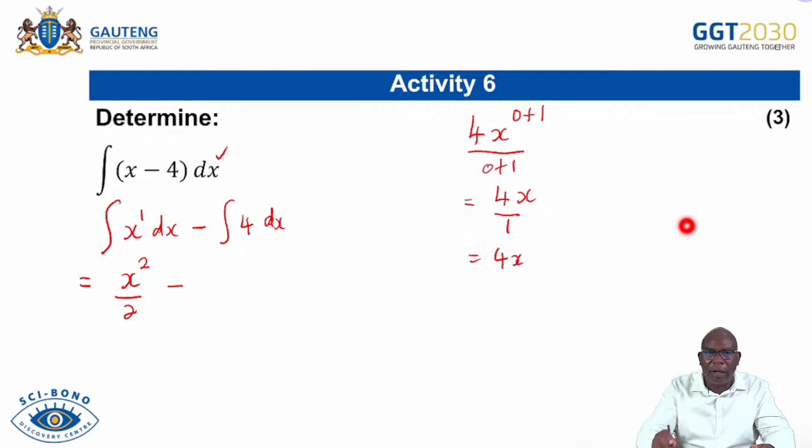So the integral of 4 will be 4x. I'm done with that question. I've integrated in parts, and then I've got the final answer.